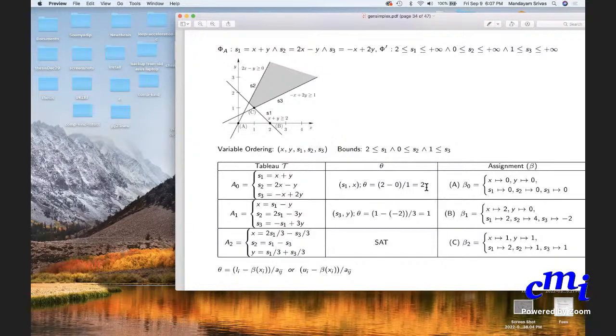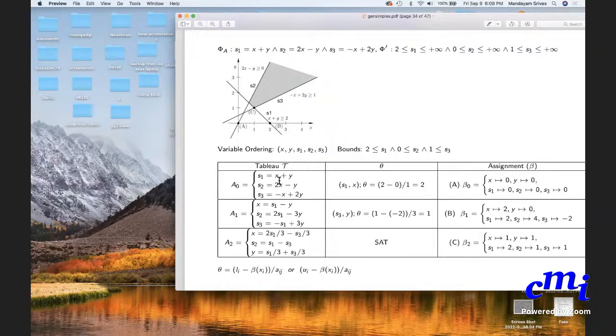And then after that, what you do is you flip the variables x and s1 by moving s1 to the non-basic set, and x from the non-basic set to the basic set. As a result of which, we'll have to adjust the tableau, and the tableau is updated as shown here.